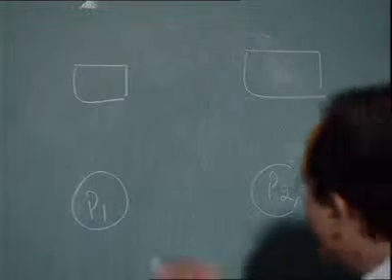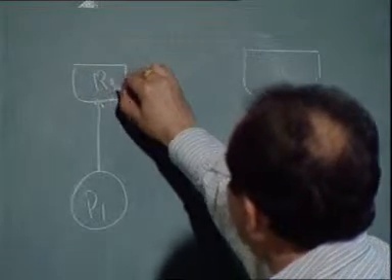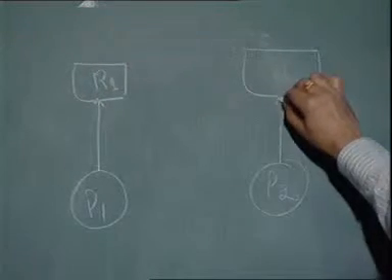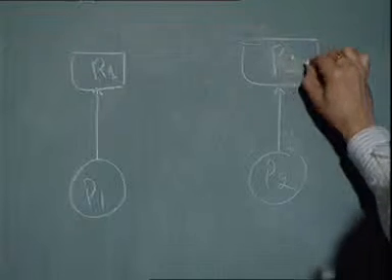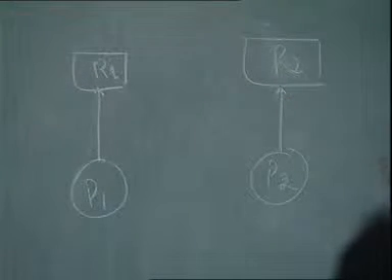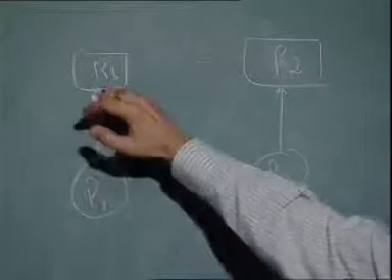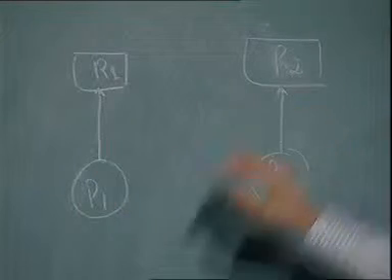P 1 is holding resource R 1 and P 2 is holding resource R 2. Let us say R 1 and R 2 can be any type of resource. Now, this is what we call the hold state: P 1 is holding R 1, P 2 is holding R 2.